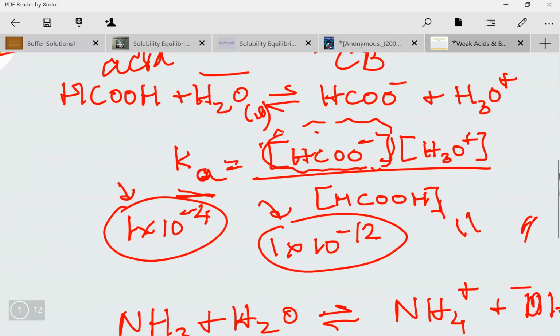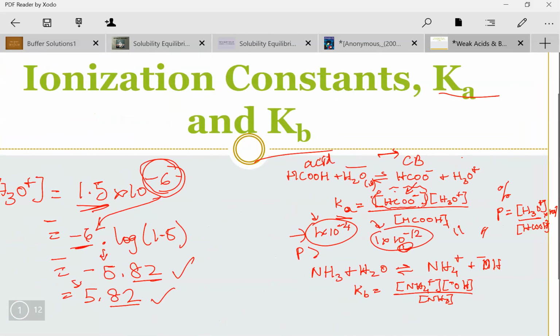So if this was the higher Ka, my percent ionization would be higher than this percent ionization, because this had a low Ka, so a low percent ionization. Ka and percent ionization tell you the same information, but they have different numbers because there's this extra term here for Ka. And Ka can be used for a bunch of reactions. Percent ionization usually only applies to acids and bases.